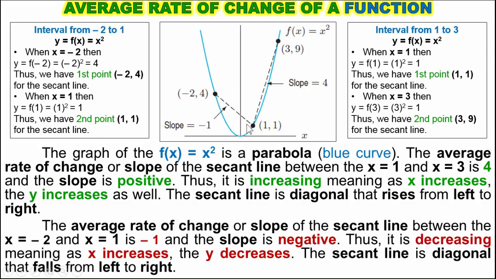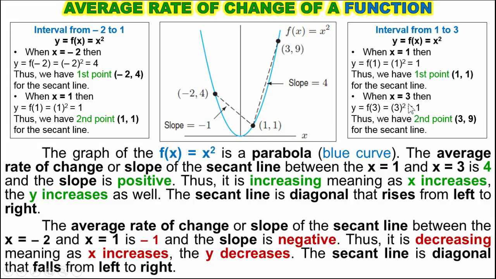It is a decreasing slope. To draw the secant line from the interval 1 to 3, when x is equal to 1, we again substitute the value of 1 into the definition of the function. So 1 squared is equal to 1. Thus, we have the first point located at x-axis 1, y-axis 1 for the secant line.